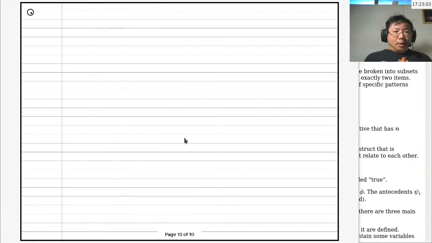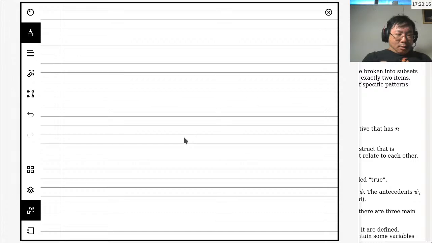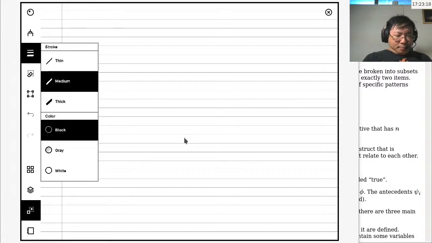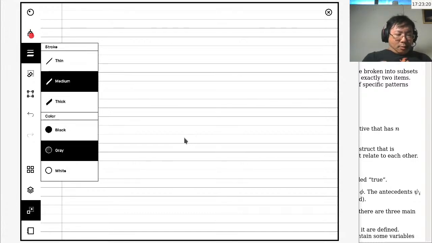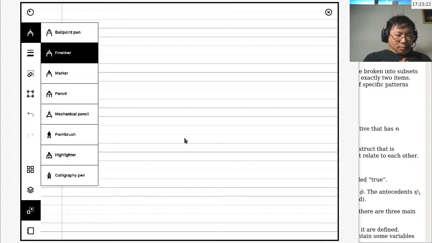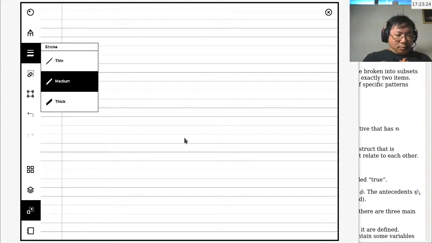All right, so what we have here is an infinitely large set, or I can use the term space. I'm going to use a pencil, medium.